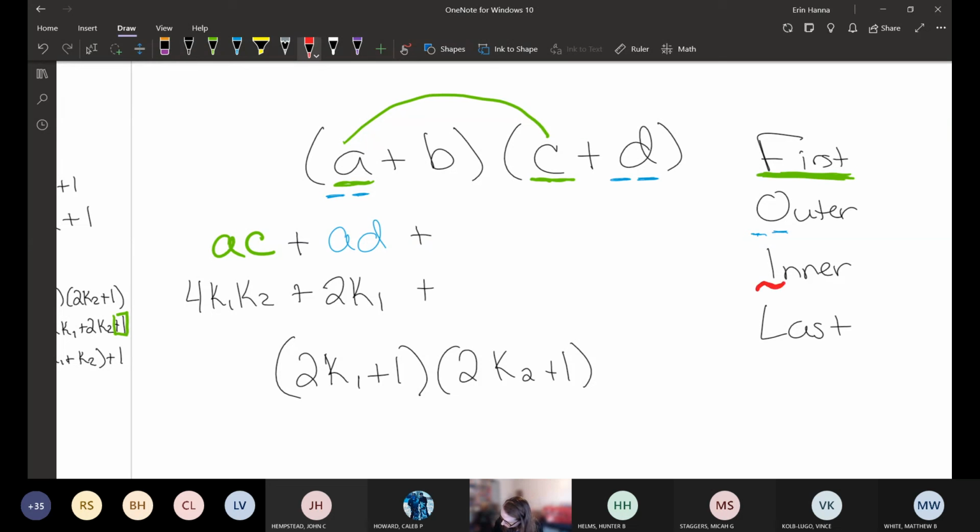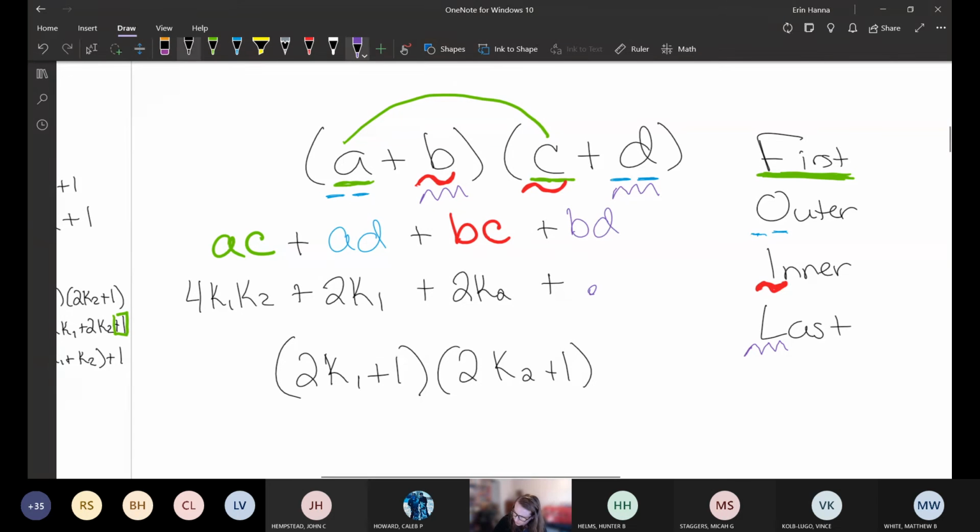Then you take your inner, which are your innermost values, which will get you b times c, which got us our 1 times 2k sub 2. And then you take, what other type of line can I use? I'm going to use a spiky line. You take your last numbers and multiply them together. And that's what gave us our 1 times 1 is 1.